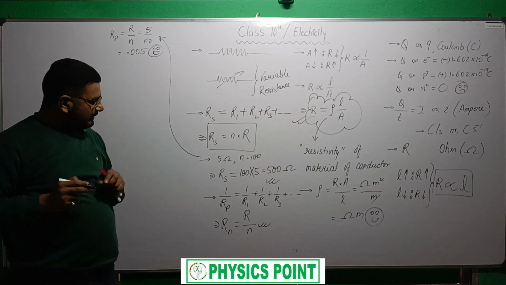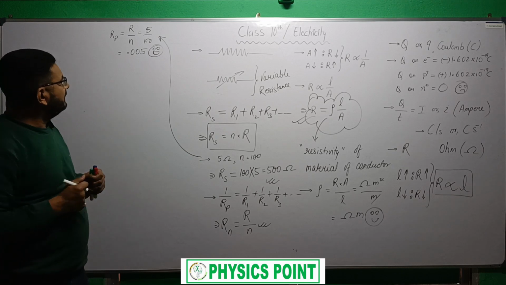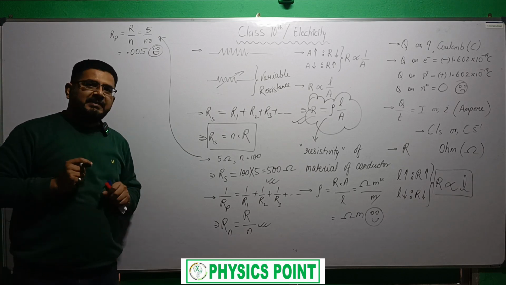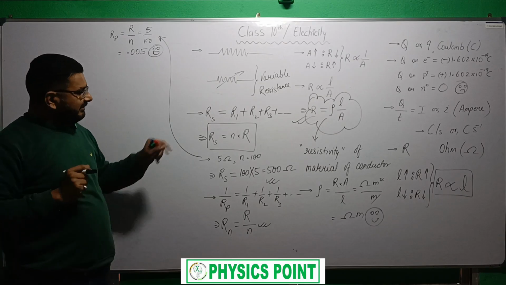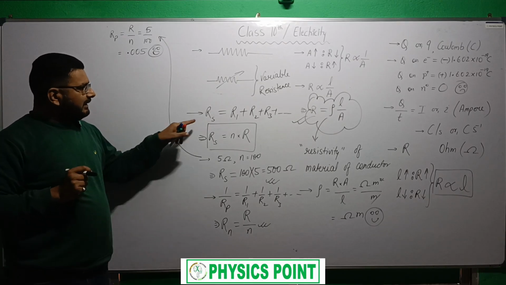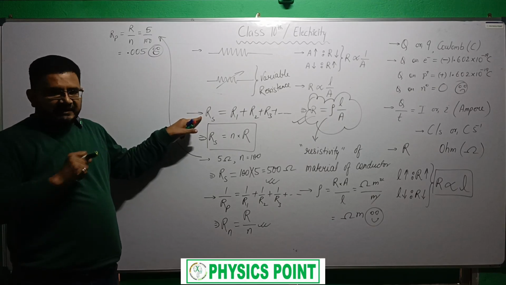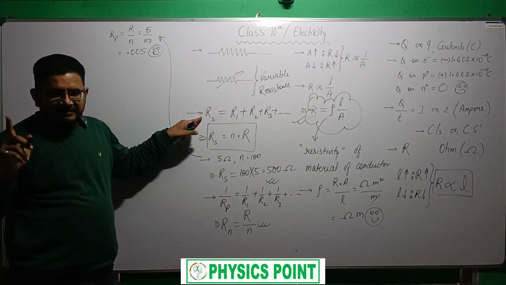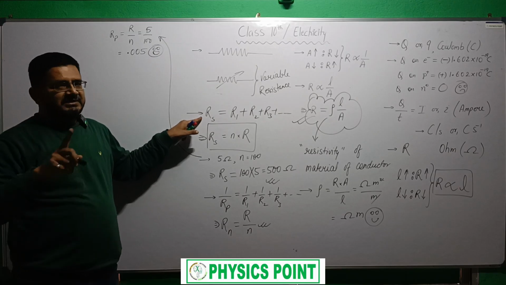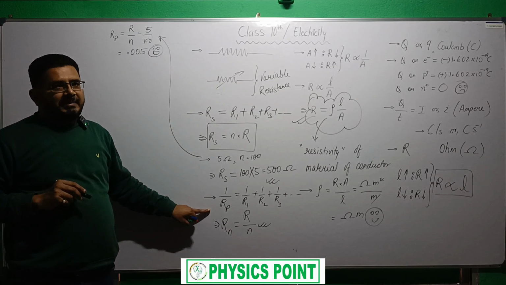Now we have to focus our concentration on what the difference is between these two combinations. As discussed earlier, in series combination the voltage drop across all resistances is different, but the current flowing through all resistances is the same. It is completely different in case of parallel.